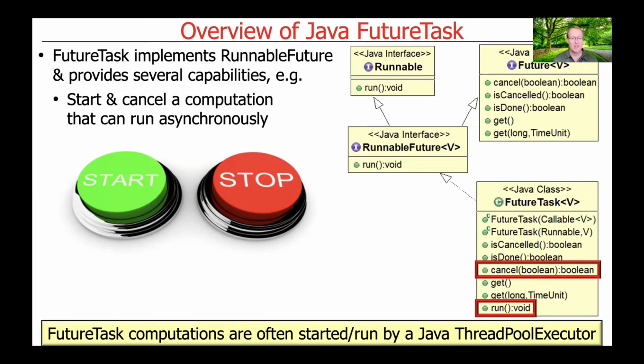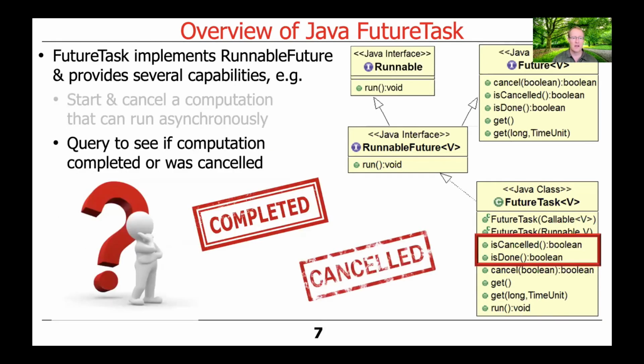So it has a cancel method. And as we'll see, it's most common that a FutureTask instance and its computation will be started and run in the context of a thread in the Java thread pool executor. You can do it other ways, but that's by far the most common way to do it, with something like a fixed thread pool or a cached thread pool and so on.